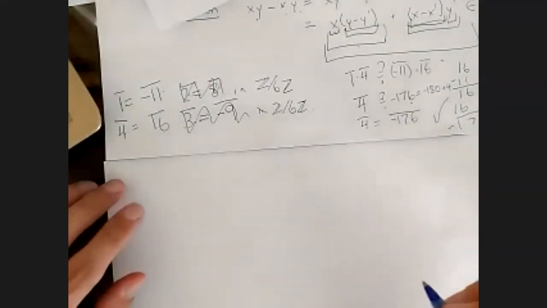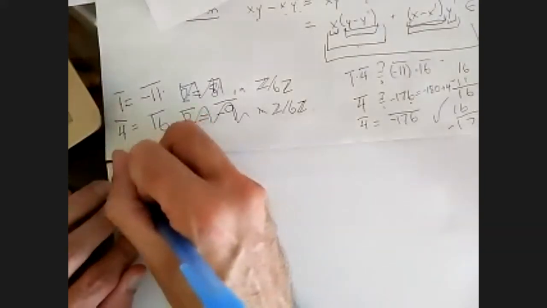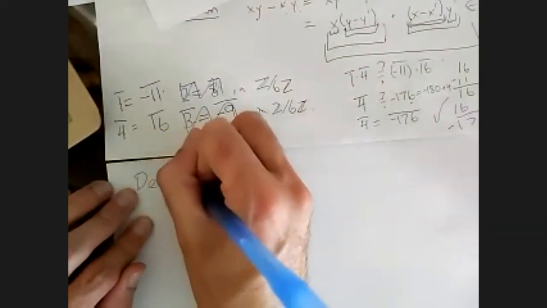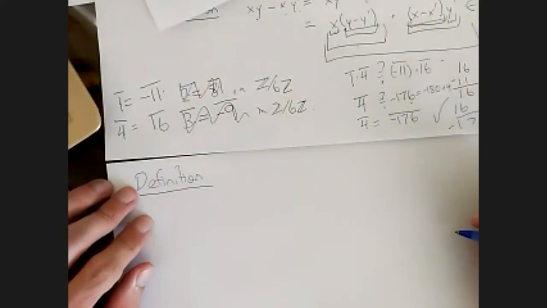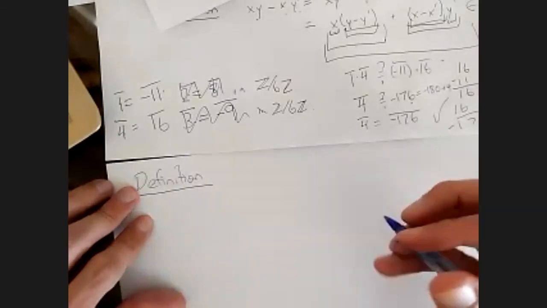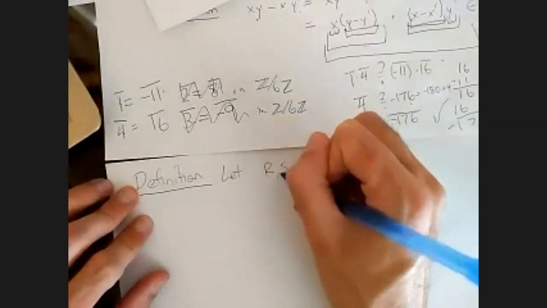Okay, so let's first define what a ring homomorphism is. If you can guess, it is something that preserves addition and multiplication, and we also require another restriction for it. So let's take two rings.